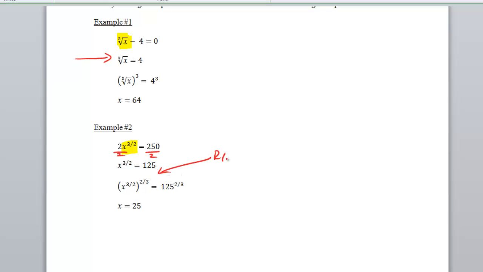And so you can see this is the reciprocal of the given power. And the reason we use the reciprocal is because with a power of a power, we use multiplication, and you're going to end up getting 6 over 6, which equals 1. So that's technically leaving us x to the first power by using that reciprocal power. So this is a good example of a rational exponent.